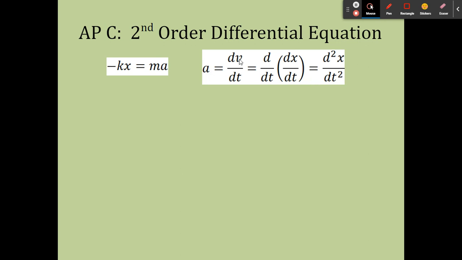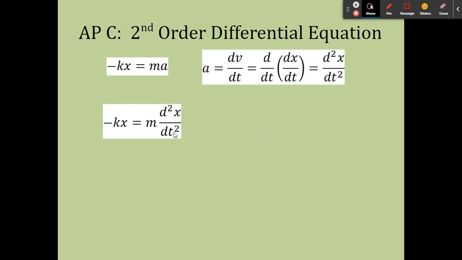If we have dv/dt is our a, and we take the derivative of that, which is dx/dt, then we get the second derivative of x with respect to time, and that's what acceleration is. So we have an x here, and we have an x here. So now what we do is instead of writing a, we put this in our equation. And there it is. There's our differential equation.